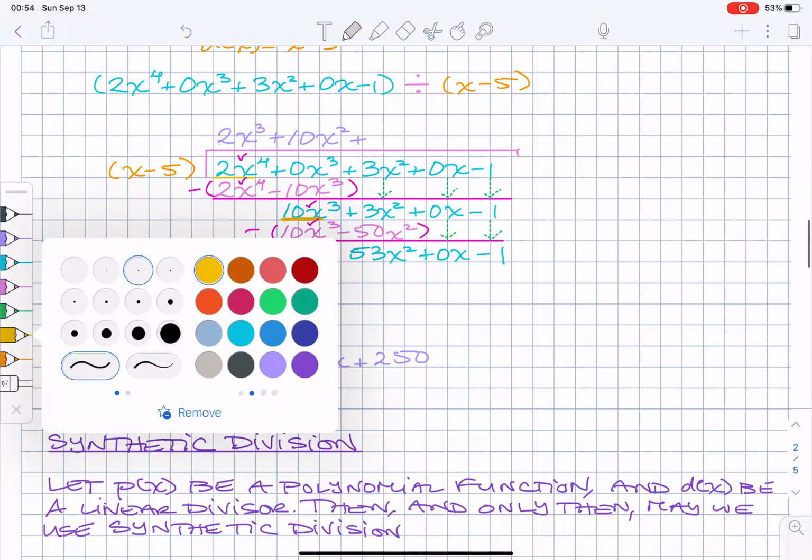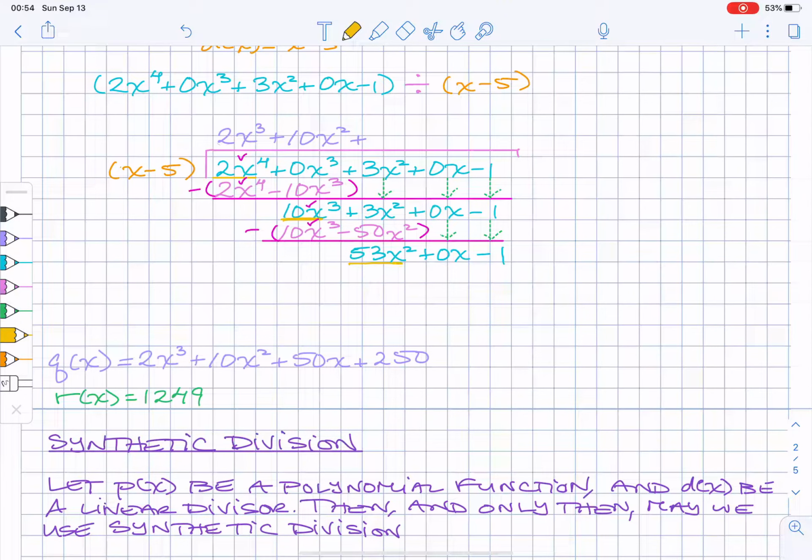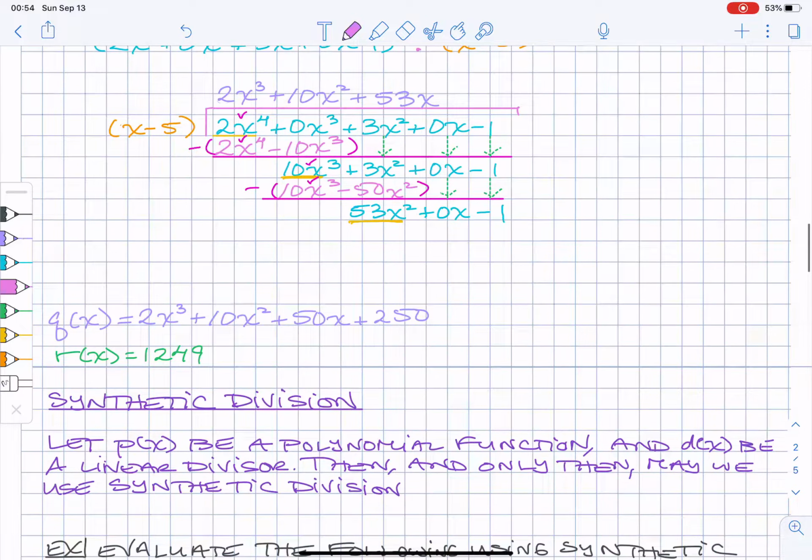So what do I need to multiply x by to get 53? So that's going to be 53x, which when I distribute will give me 53x squared minus 53 times 5. 5 times 5 is 250. 3 times 5, so that's 265 times x.